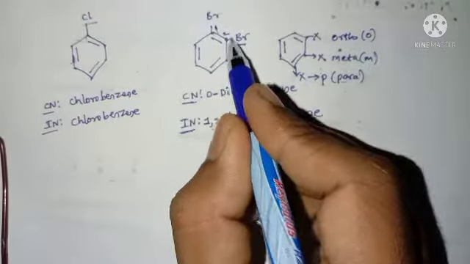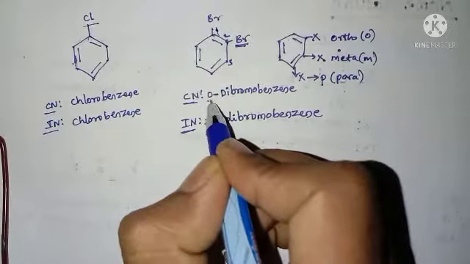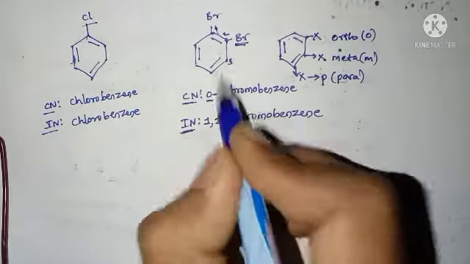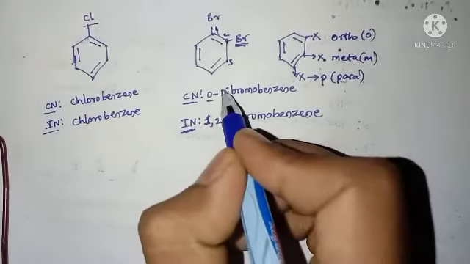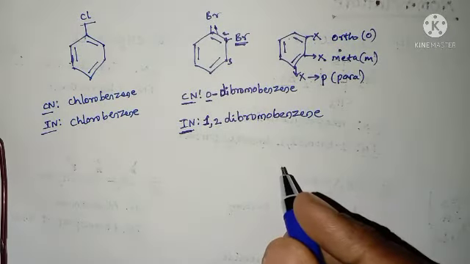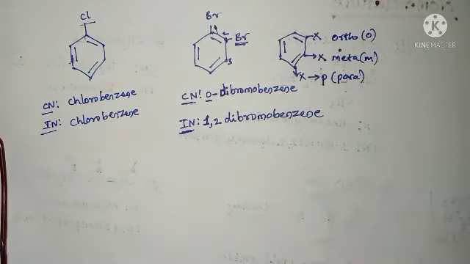So if the halogen atom is attached to this position, we name it ortho in the common name, and in the IUPAC naming we use the numbering system, that is 1,2-dibromobenzene. This is the naming of the haloarenes.